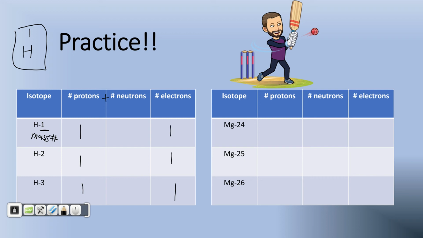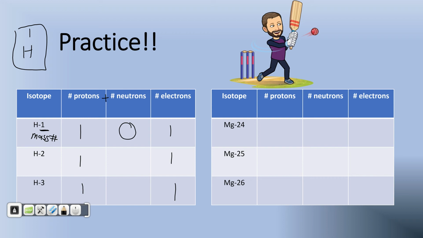Then I can figure out the number of neutrons by subtracting the protons from the mass number, or just thinking about it logically: 1 plus what is 1? 0. Some people are like, wait, 0 neutrons? Yes, the most common hydrogen atom is just a proton and an electron.